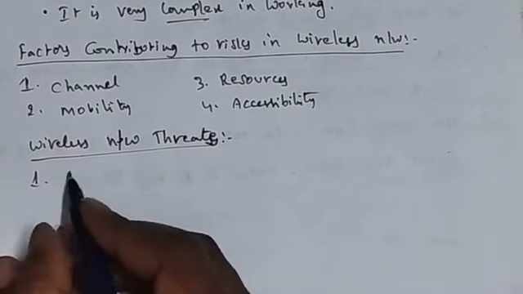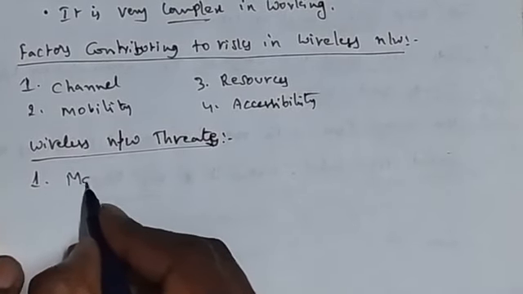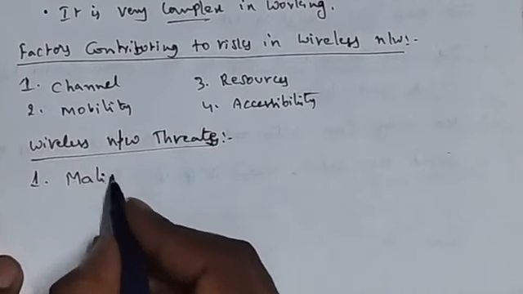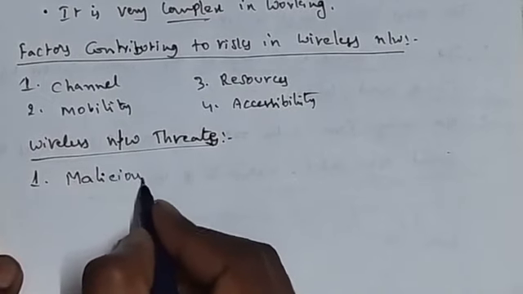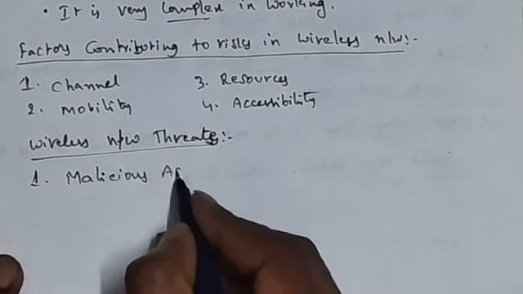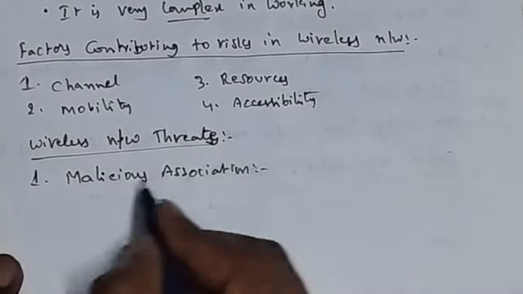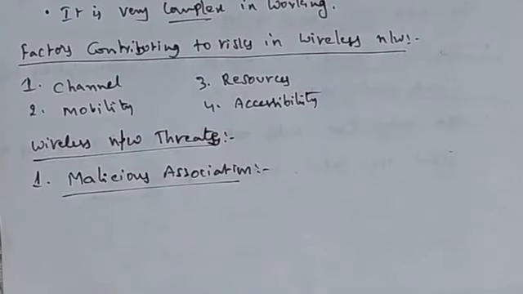There are several wireless network threats. The first one is malicious association. What does malicious association mean? We think the wireless device is secure, but actually it is not secure.